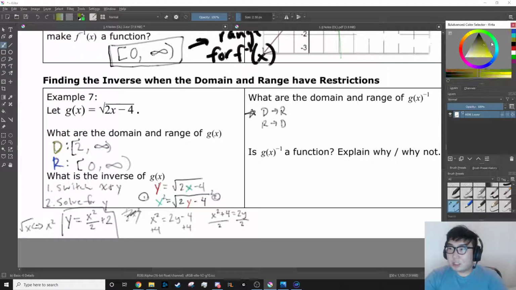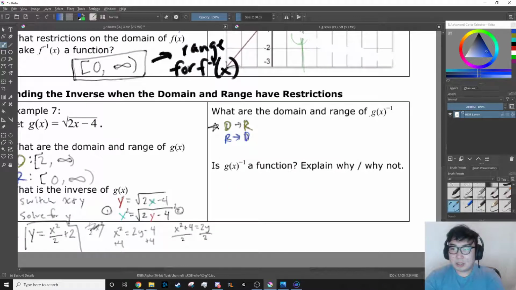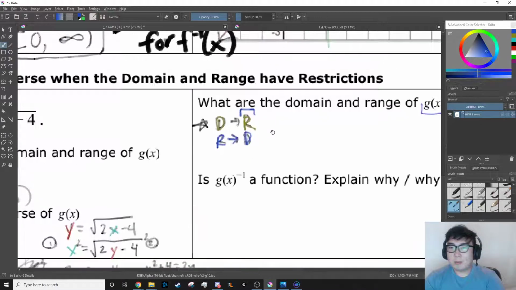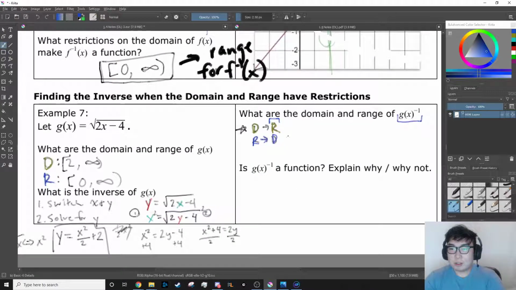So you see how my domain becomes my range, right? And my old range becomes my domain of my inverse. They are asking me for my inverse, so they're asking me for these. So my new range, or let's start with domain because I like starting with my x values first.